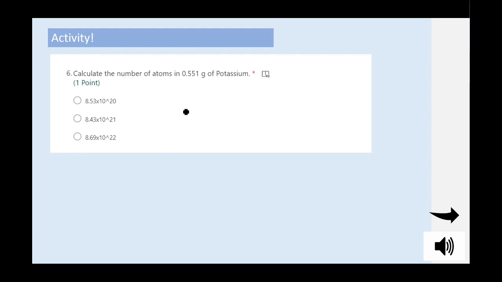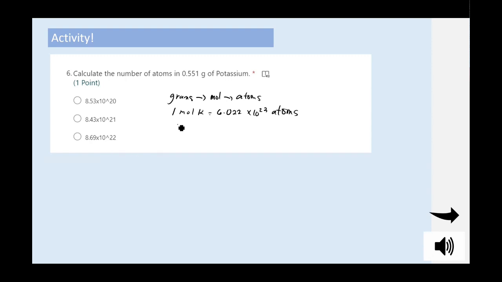So the first step is to convert the grams to moles and then moles to atoms. Let's write this one this way: grams to moles, and then moles to atoms. And remember that 1 mole of potassium is equivalent to 6.022 times 10 raised to 23 atoms. So let's compute.